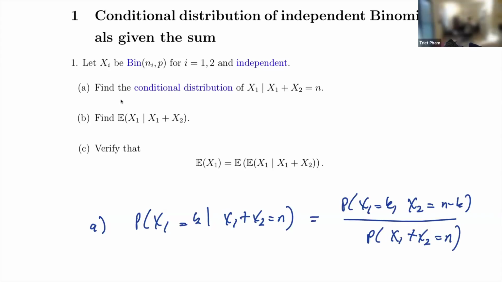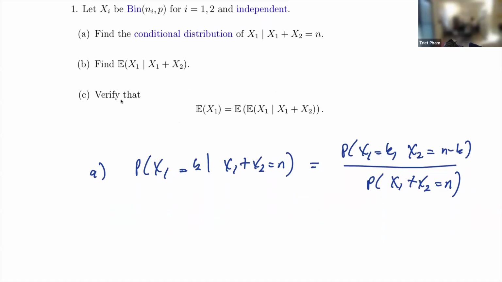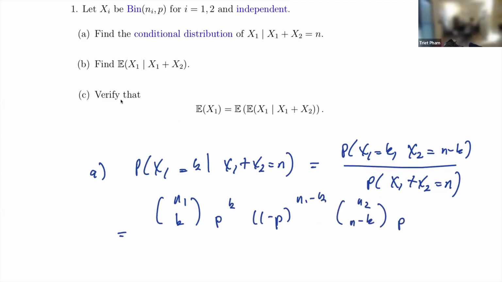So that's by definition. Now the numerator will be easy to find because x1, x2 are independent. So it's n1 choose k, p to the k, 1 minus p to the n1 minus k, and then n2 choose n minus k, p to the n minus k, 1 minus p to the n2 minus n minus k.